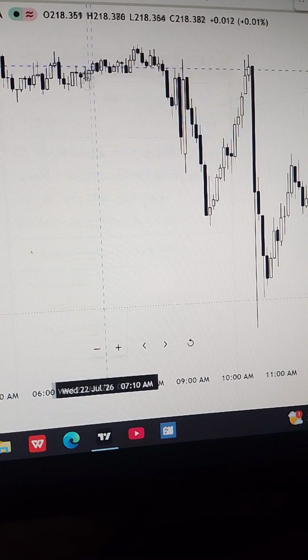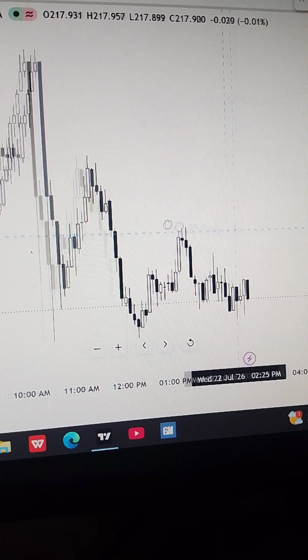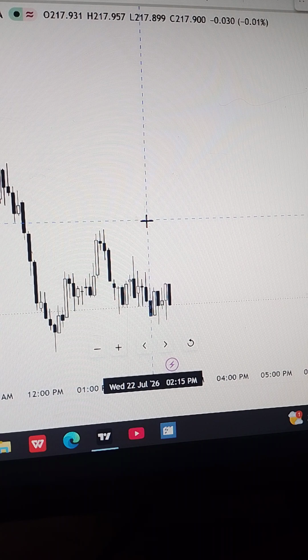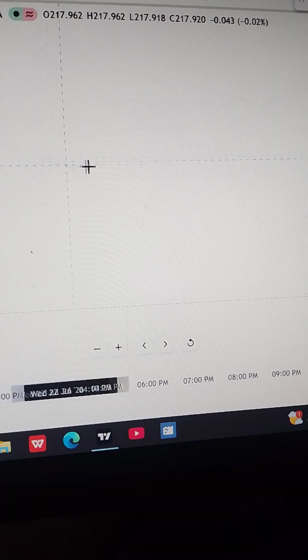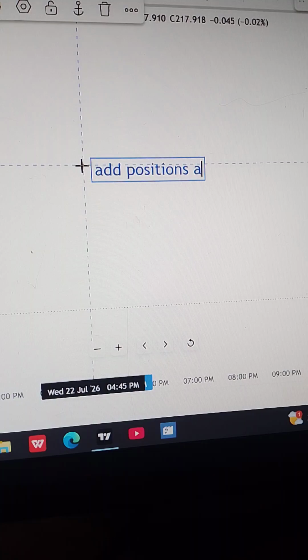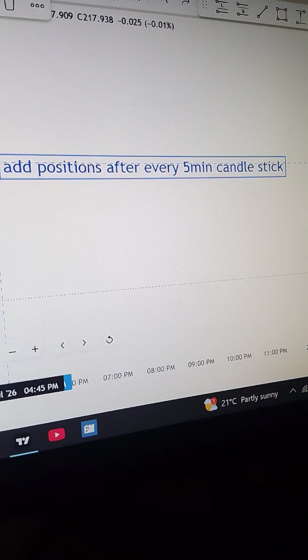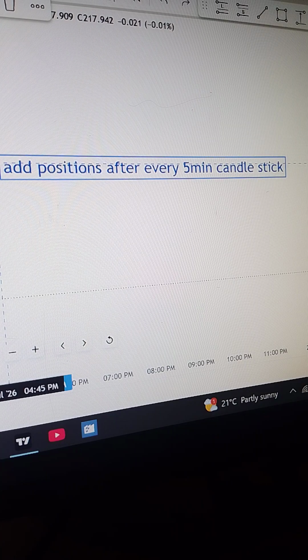So when you want to stack more positions, you add positions after every 5-minute candlestick.